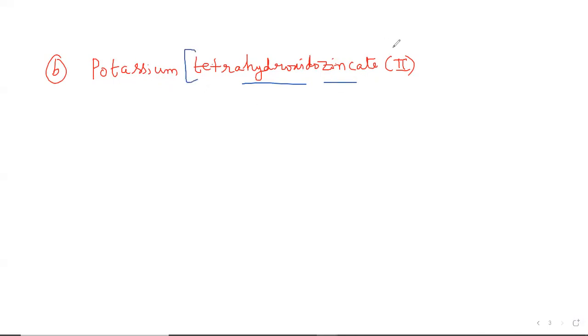So the coordination sphere consists of zinc as the central atom with 4 OH ligands around it. The oxidation state of zinc is 2, so to balance the charge, 2 potassium counterions should be present outside the square bracket.